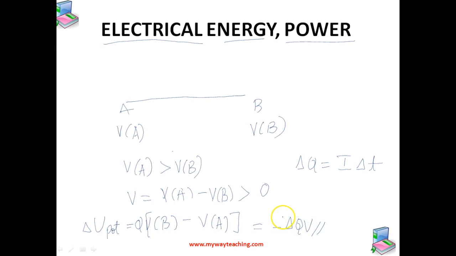So we already know how to represent this delta Q. If you rewrite this, we'll get minus I V delta T. So if charges move without collisions through the conductor, their kinetic energy would also change so that the total energy is unchanged.